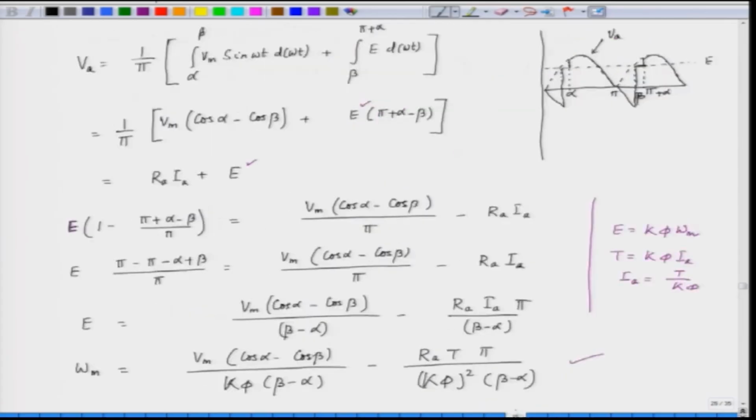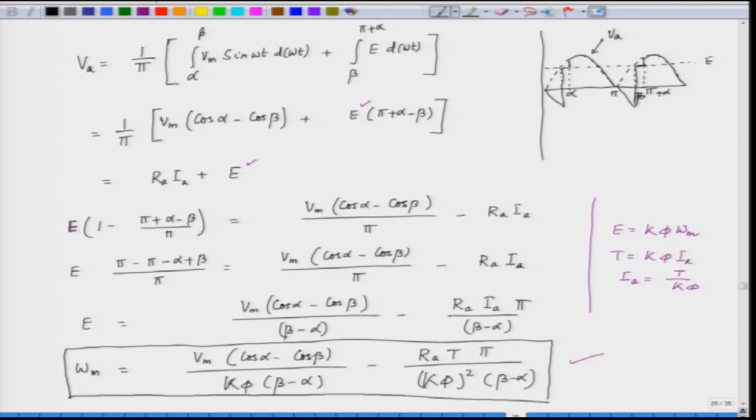We also evaluated the speed torque characteristic for discontinuous current operation. So, this is the speed torque characteristic for discontinuous armature current. These two are the key equations which will help us plot the speed torque characteristic of a separately excited DC motor when fed from a single phase full controlled converter.